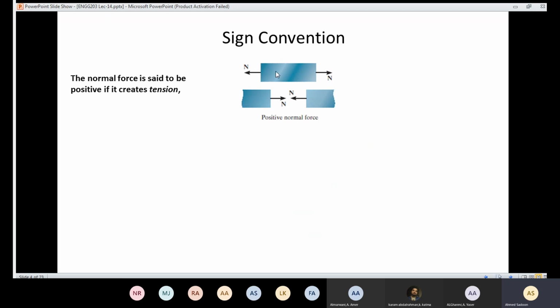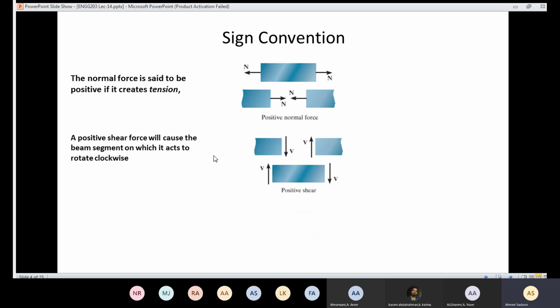If I have a cut here, then the force is going to be opposite to that direction, and the force here is going to be opposite to that direction. So if you are working from left to right, the positive is going to be like that, and the negative is going to be like that. If you are working from the right to the left, the positive is going to be like that.